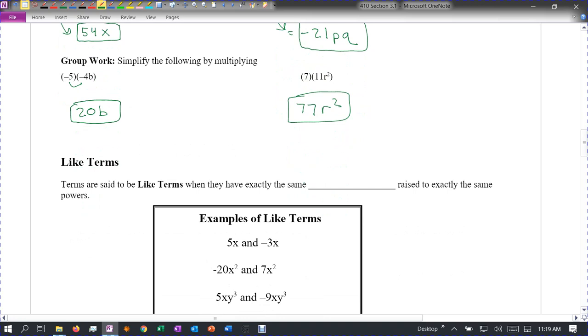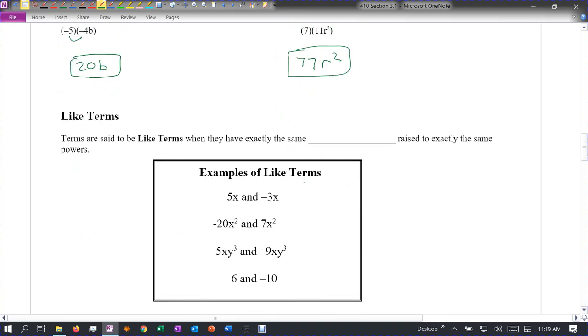Okay, now we're going to have a new definition. The definition is for this right here, like terms. So what does it mean for terms to be like? Well, in order for them to be called like terms, they have to have exactly the same variable or variables raised to exactly the same powers.